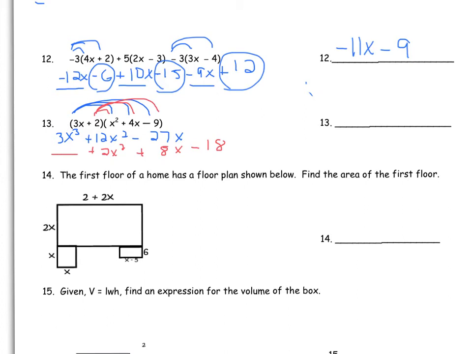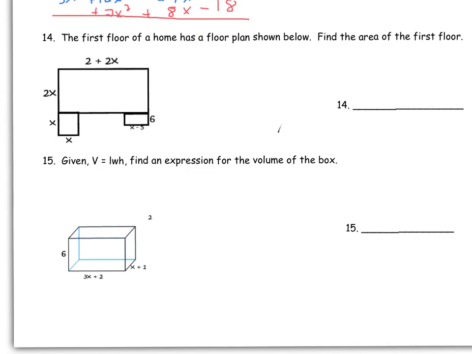And notice I lined mine up so I can see it in columns, but you could have done this the horizontal way as well. So now I have a 3x to the third plus 14x squared minus 19x minus 18. I hope I have that right.